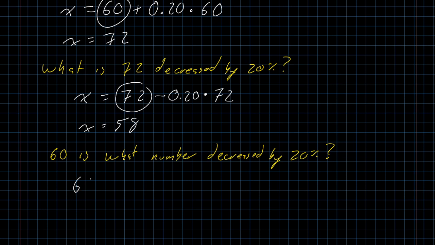We know we want to end up at 60. We don't know where we're starting, so we put the x here. We subtract because it's decreased by, we write 20% as a decimal, 0.20, and then we multiply by the thing we're decreasing, which is x. So we have 60 equals x minus 0.20x.